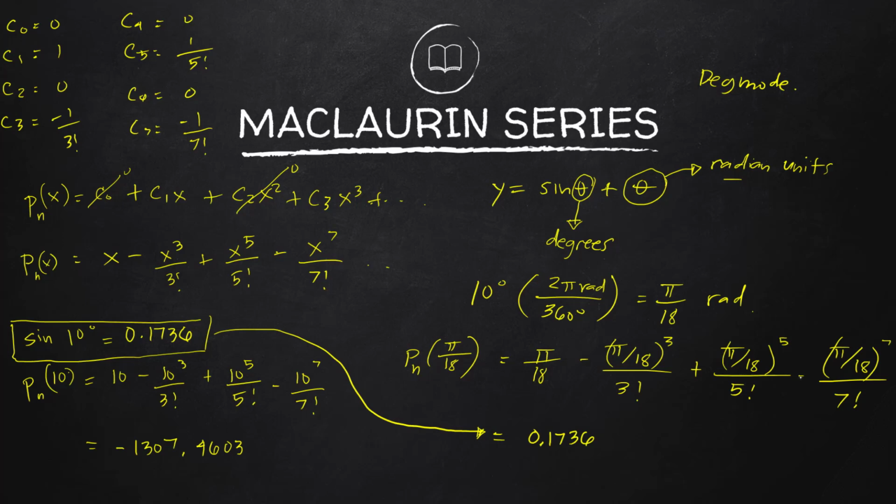But hindi natin ini-include yung mga succeeding items. If you will notice, kapag in-include mo yan, it will have a very minimal effect on the value of your polynomial function. Kasi yung mga values sa dulo, it will affect the succeeding decimals here. So, hindi na siya masyadong significant.